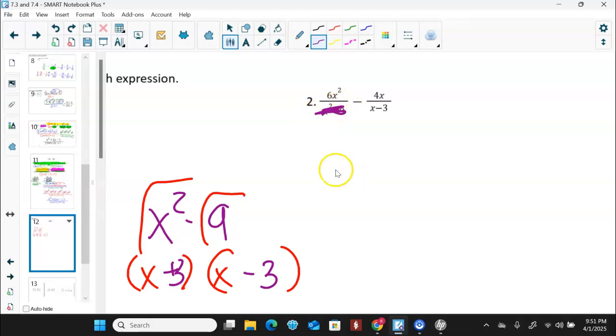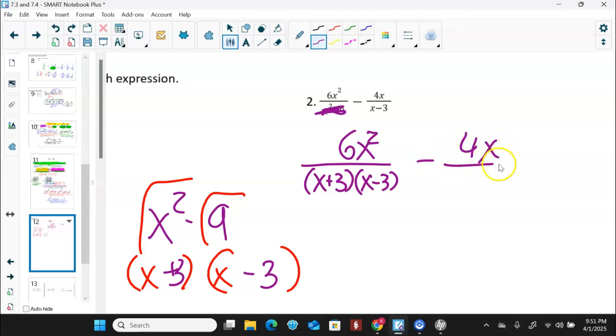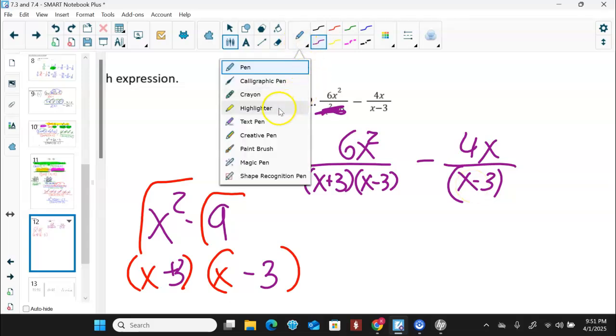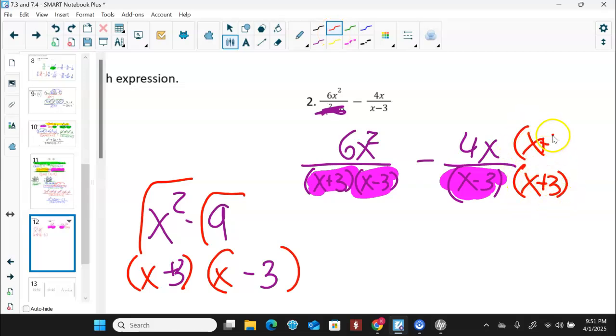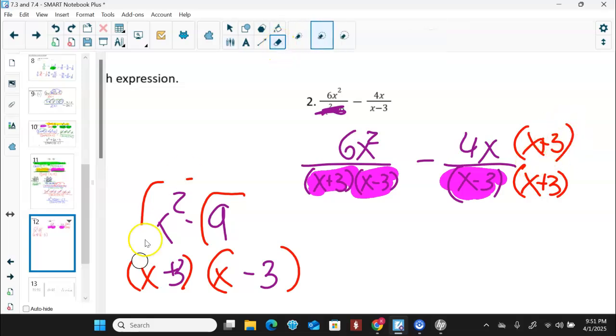So we're going to say x plus 3 and x minus 3, 6x squared on the top, minus 4x over x minus 3. Now, right here on the left, we got x plus 3 and x minus 3. Here we only get x minus 3. So what we're missing is x plus 3. So we are going to multiply this side with x plus 3 to make the same common denominator, okay?